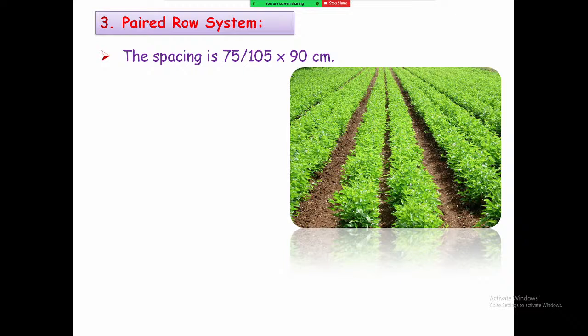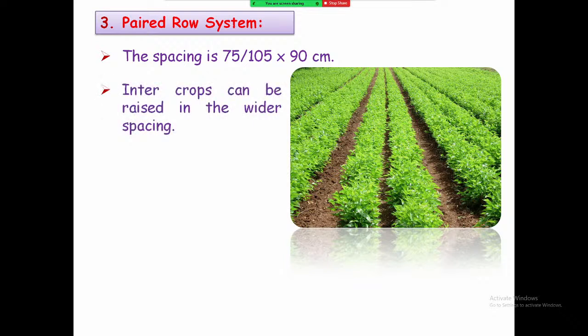In this system, the row to row spacing is 75 or 105 centimeter, and the plant to plant distance is 90 centimeter.